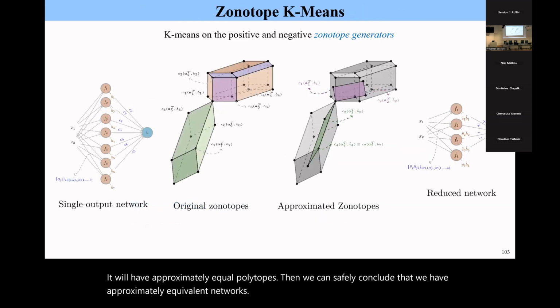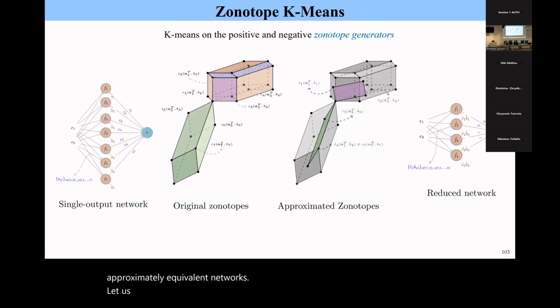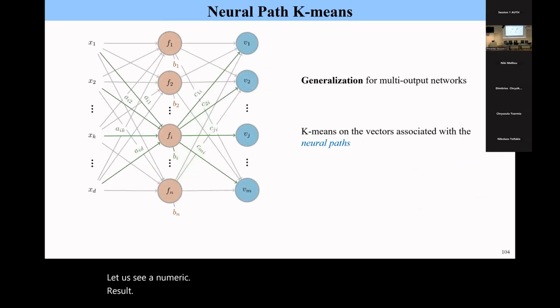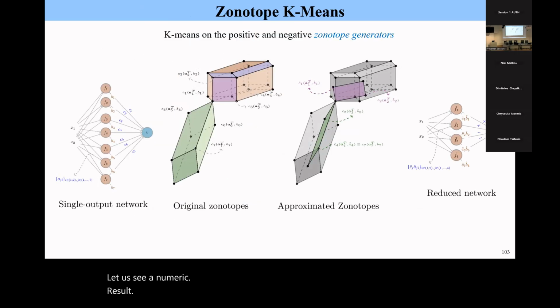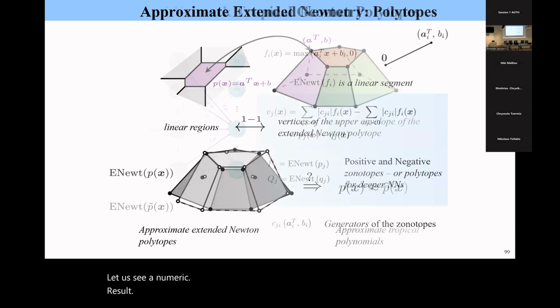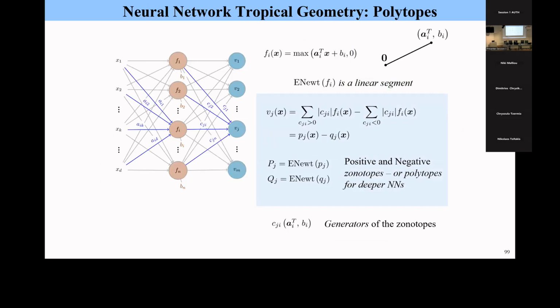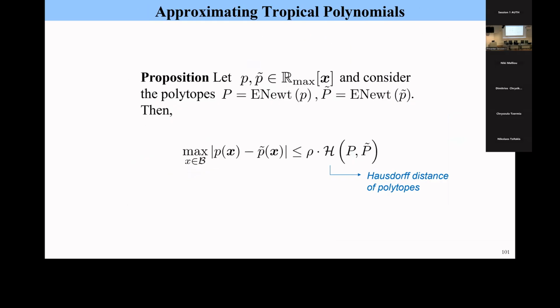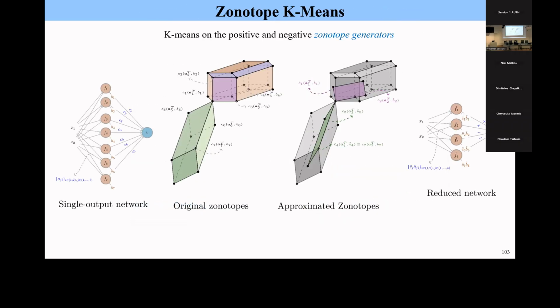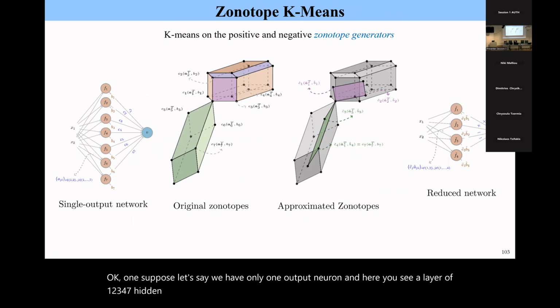Let us see a numeric result. Suppose we have only one output neuron, and here you see a layer of 7 hidden neurons.